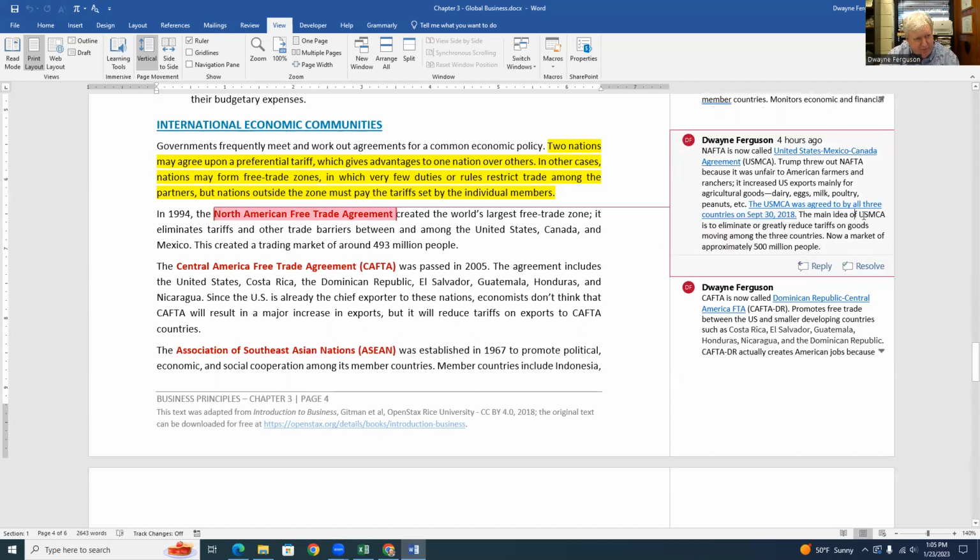So it says here, the main idea of USMCA is to eliminate or greatly reduce tariffs on goods moving among the 3 countries. I mean, we're right here together. Why should it take so long to get something across the border? And why should it cost consumers to have to pay for that kind of thing?